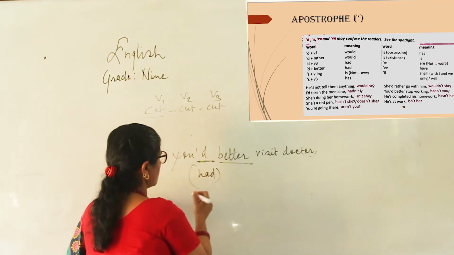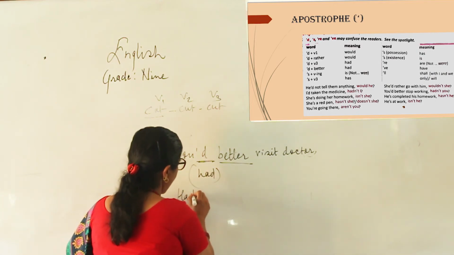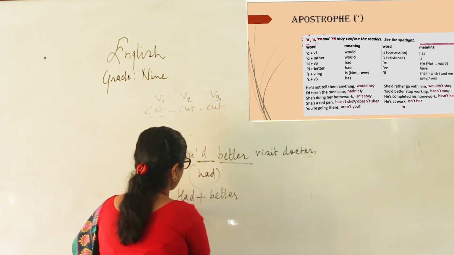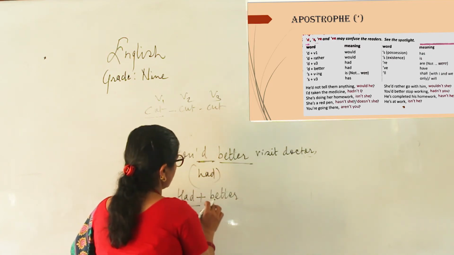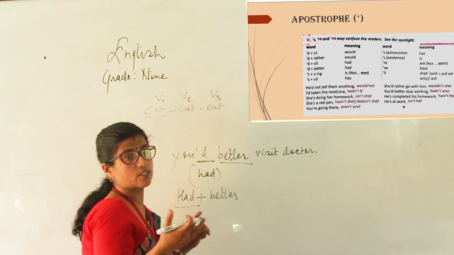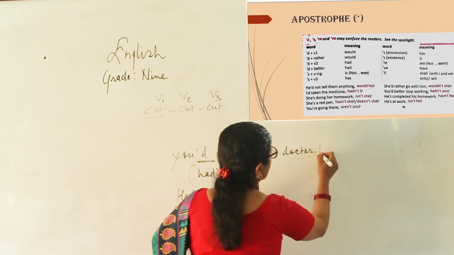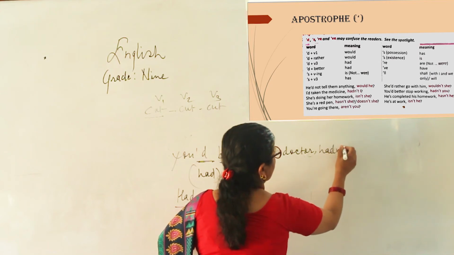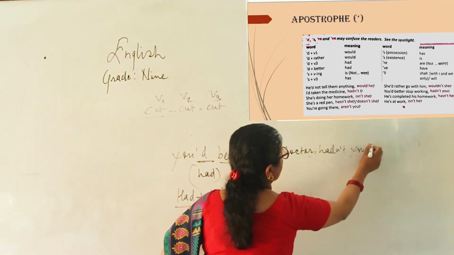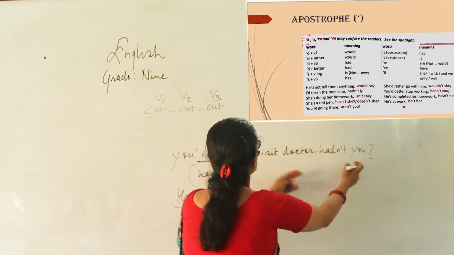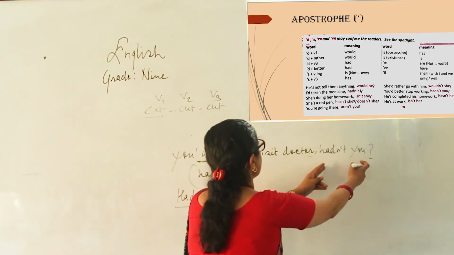You should understand that. So we should always use had plus better. So this apostrophe D is had, and accordingly you should write here "hadn't you?" So this is the statement and this is the tag. This is positive, that's why the tag is negative.